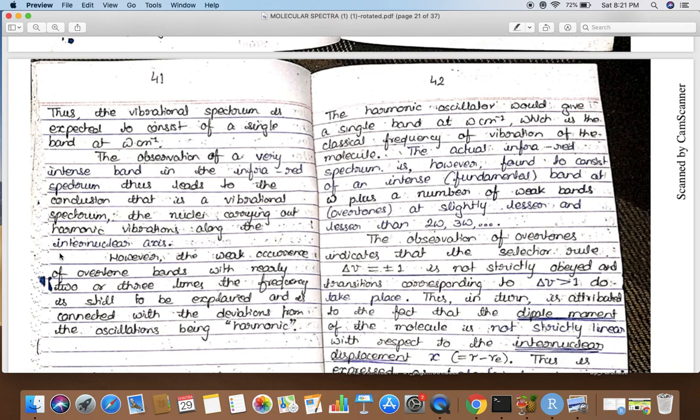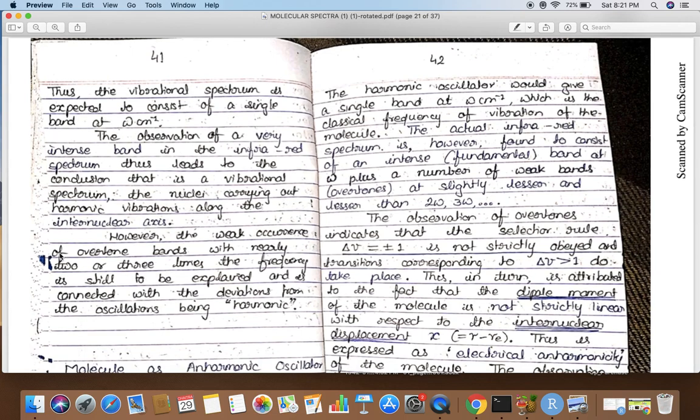If a transition takes place with Δν equal to 2, suppose from ν'' equal to 0 to ν' equal to 2, there is a huge gap. So now you achieve two or three times higher wave numbers. These are called overtones.